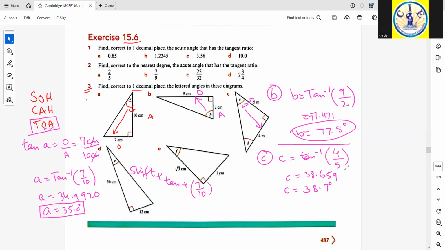Okay, now for angle D, this 5 becomes the opposite side and this 4 becomes the adjacent side. So this is going to be tangent inverse of 5 divided by 4, which is 51.34.